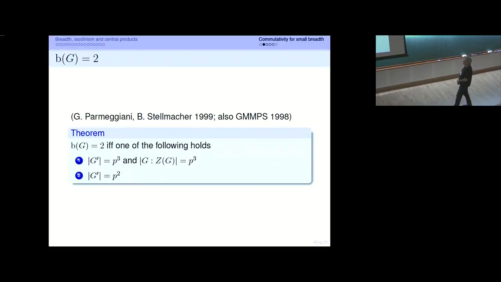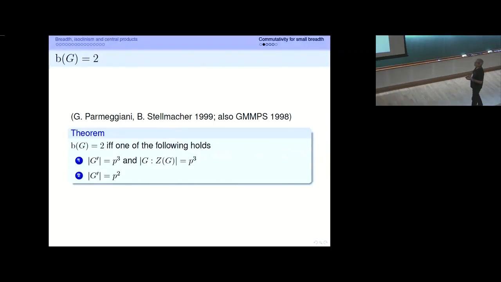they were characterized in our paper, and a year later by Gemma Parmigiani and then Bernd Stellmacher, in a totally independent way. They didn't use character theory in their characterization, and they were even more detailed in defining the classes, in giving details about the characterizations.